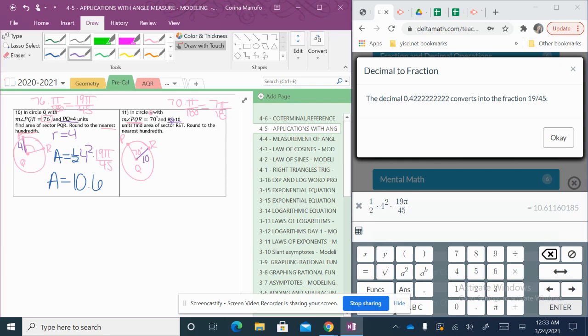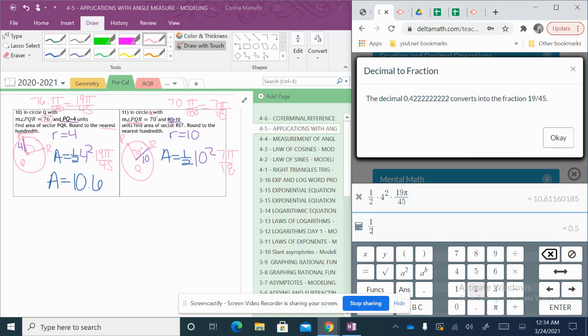And so now that we have our radius is 10, we're going to go ahead and plug these in. So my area equals 1/2. My radius is 10, so 10 squared times 7 pi over 18.